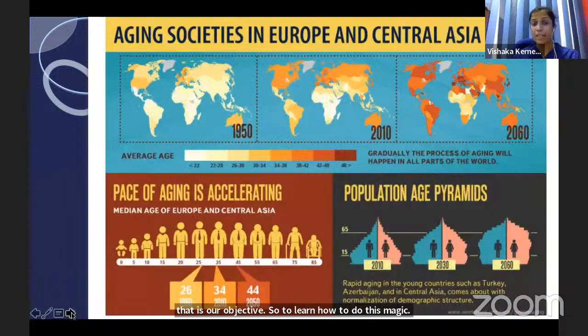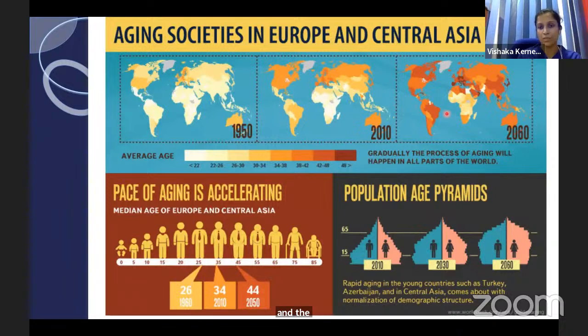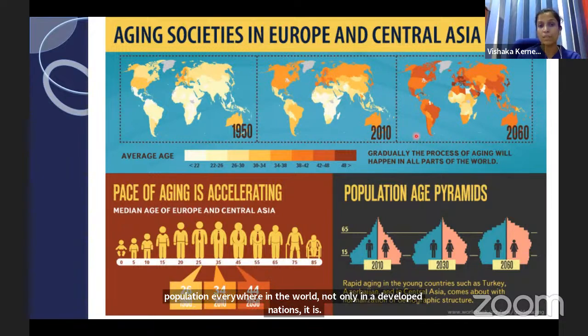As we all know, we are dealing with an aging population. Compared to the 20th century, this century has made a lot of advancement in science and medicine, which has led to a growing elderly population everywhere in the world, not only in developed nations. It is evolving in all the developing countries as well.